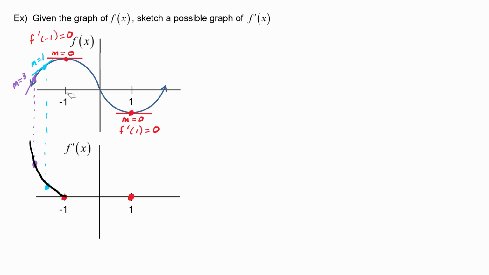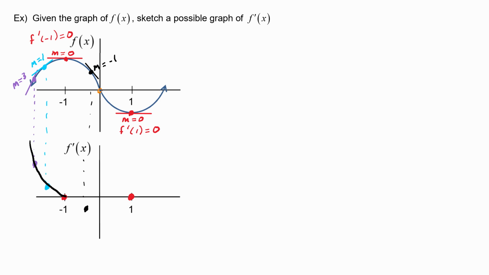Now from x equals -1 all the way until x equals +1, we see that all the slopes along this portion are going to be negative. So for example, maybe if we picked this point, drew in the tangent line, maybe we would estimate that as down 1 over 1. Maybe that looks like about a slope of -1. So we would put, maybe that slope is -1.